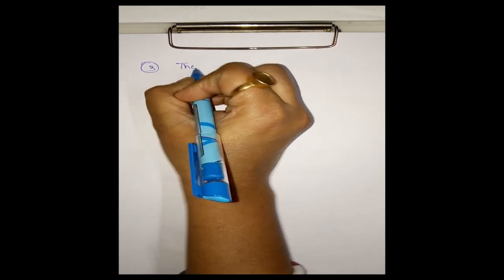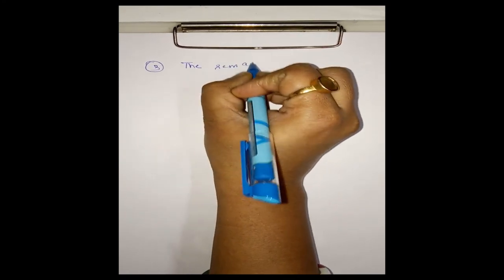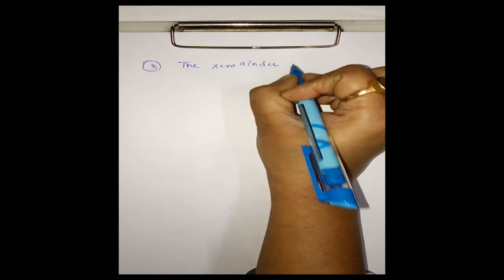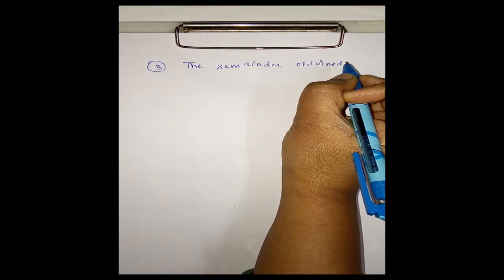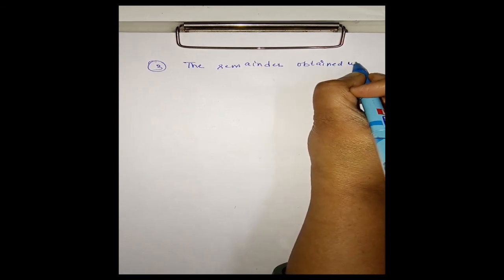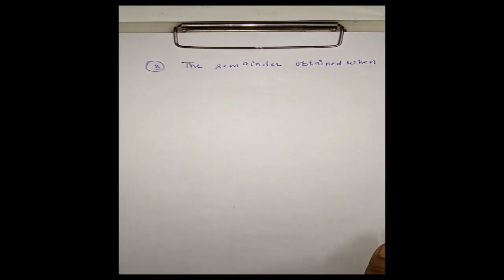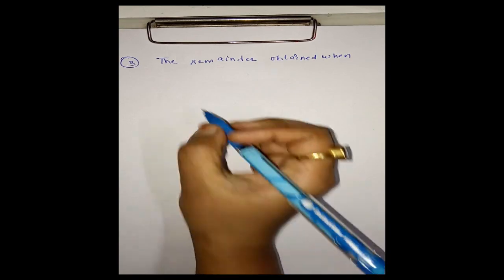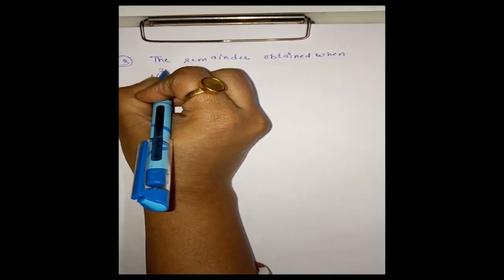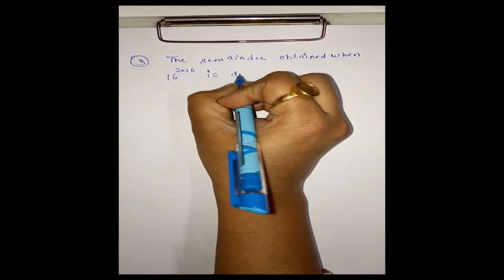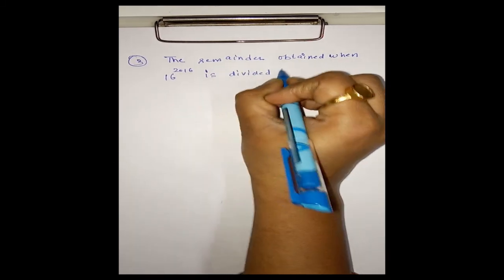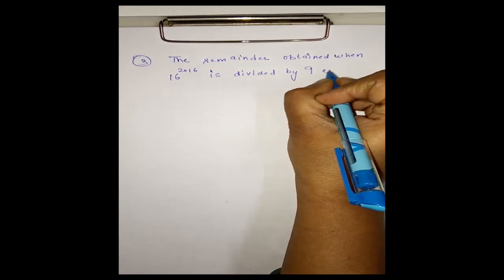Third problem: the remainder obtained when 16 power 2016 is divided by 9 equals.